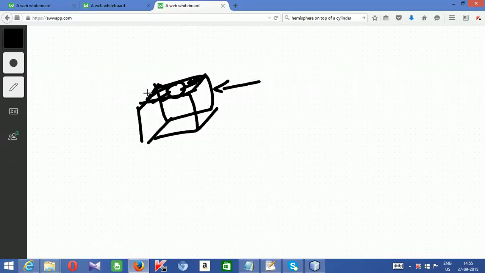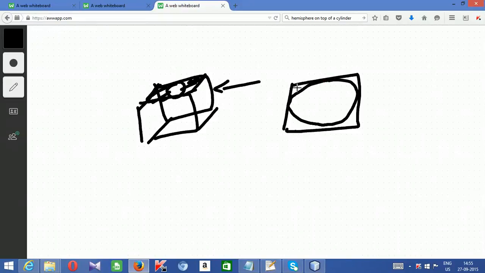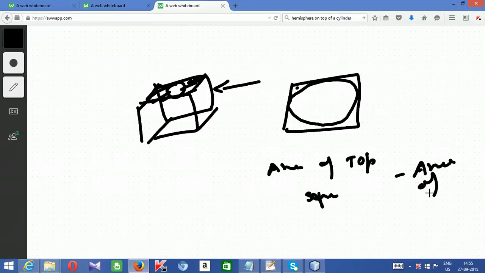The top of the cube is a square, and the base it is touching is a circle. So you need to subtract: area of the top square minus area of the circle will give you the remaining portion when the hemisphere is placed on top of a cube.